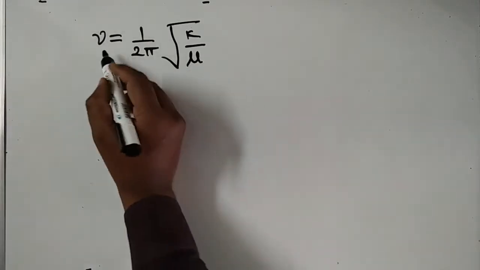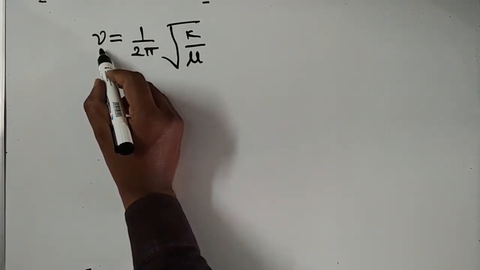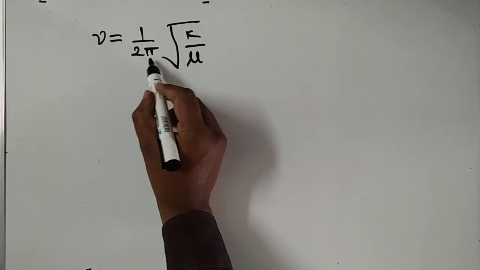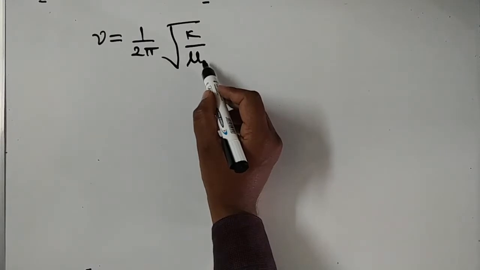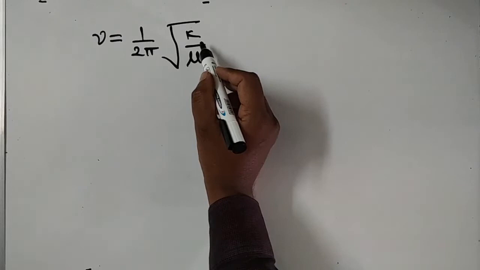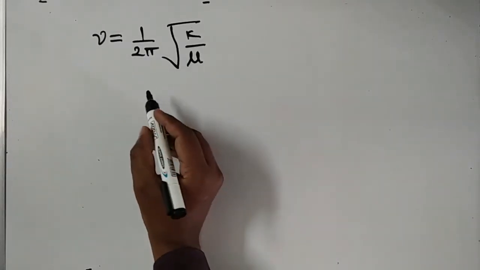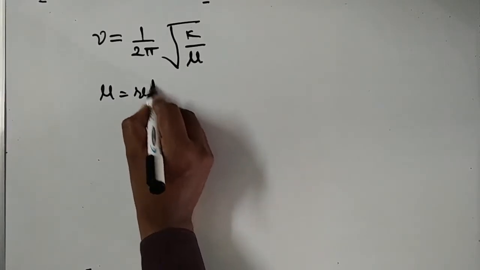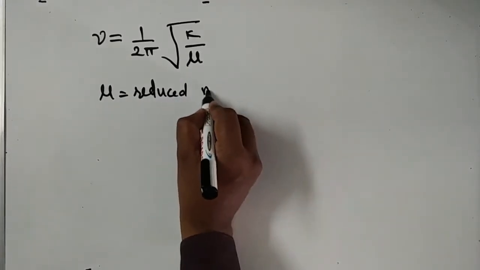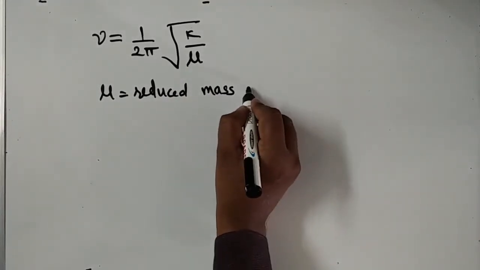Here the vibrational frequency nu is given to us, and 2 pi is constant. First we will calculate mu from the given masses and put it into this equation so that we can calculate K, right? So let us first calculate the reduced mass, mu.